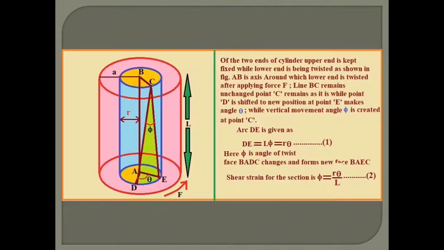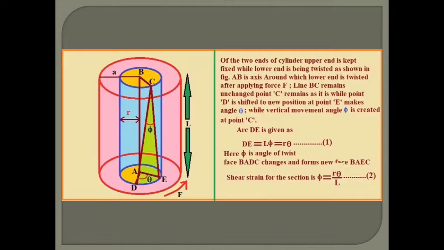Now we are considering here a cylinder which has two ends. Of the two ends of the cylinder, the upper end is kept fixed, while the lower end is free. It can move in either direction.